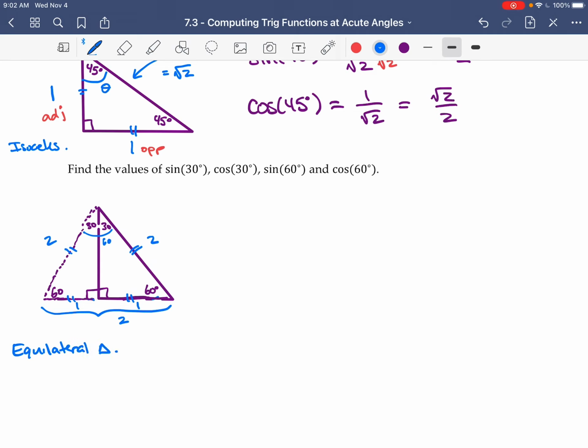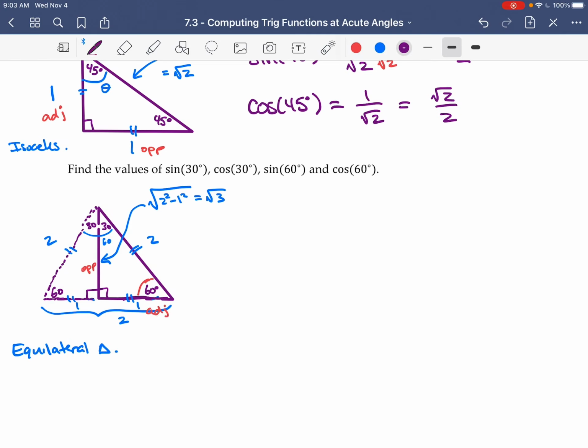Then we want to find the length of the height in the middle here. So you just use Pythagoras with one of the triangles. That's going to be the square root of 2 squared minus 1 squared, so square root of 3. Then if I use, say, this 60 degrees, then this is my opposite, and this one is my adjacent.